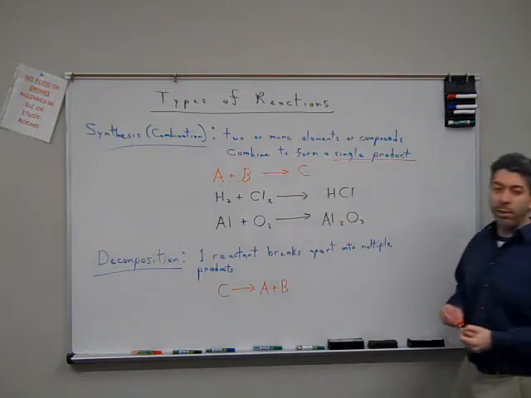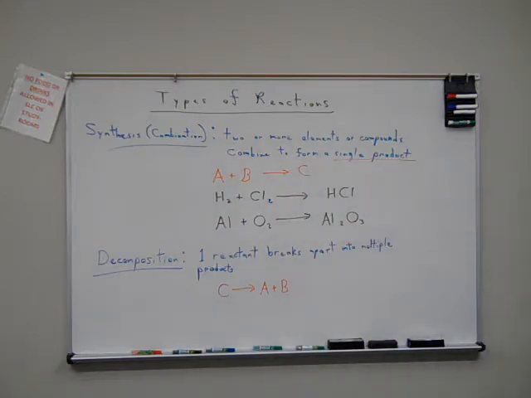It is possible that one reactant could break up into more than 2 products. It could break up into 3 or 4. But whenever there's only one reactant, you know that it's a decomposition reaction. And typically, it breaks up into its elements.